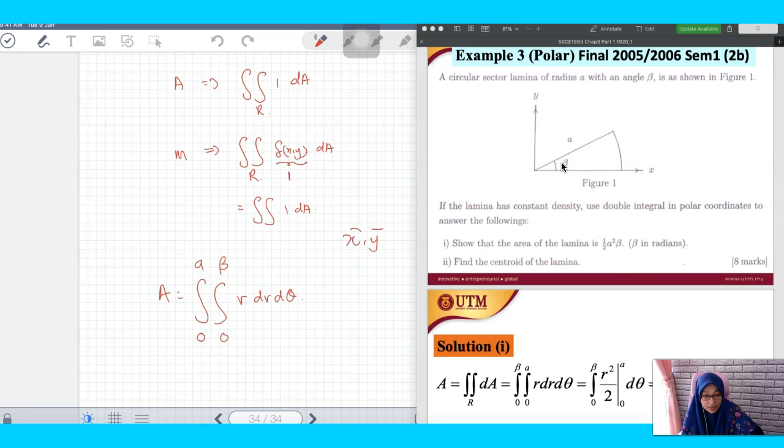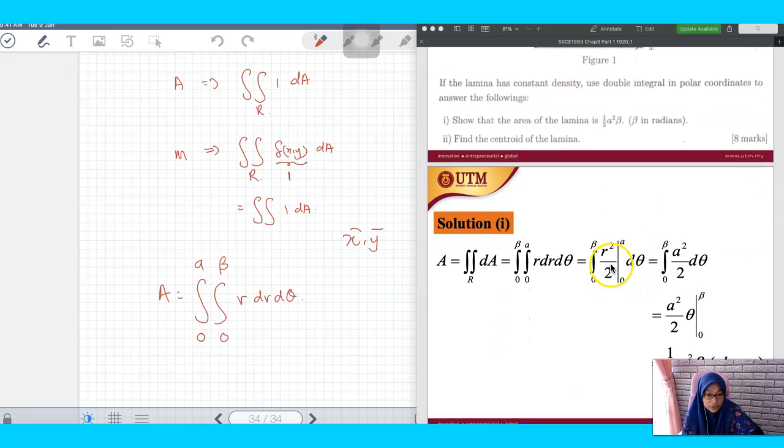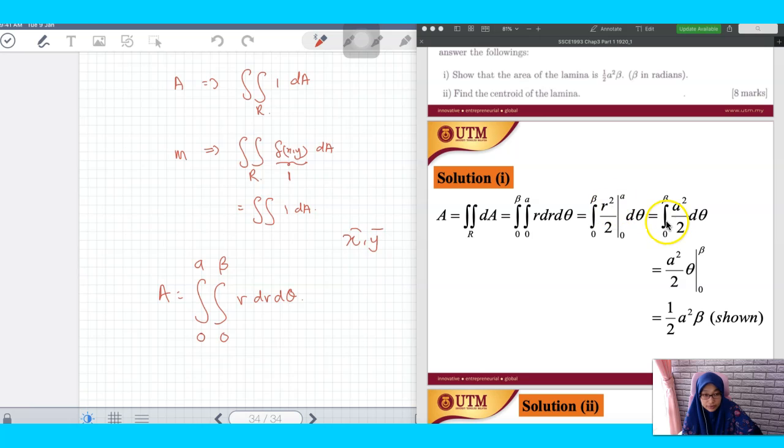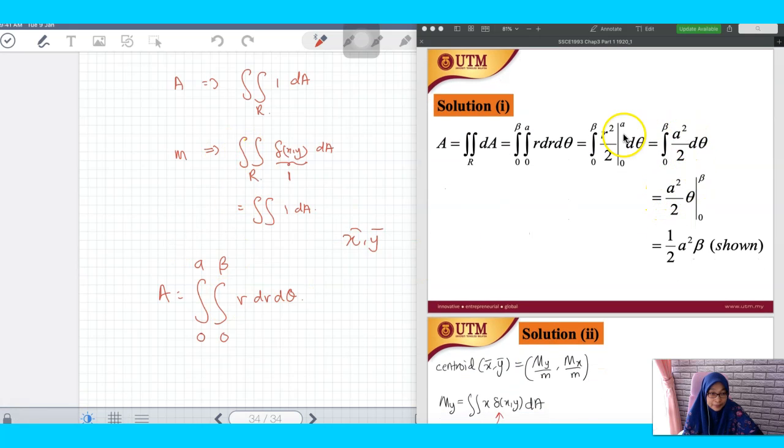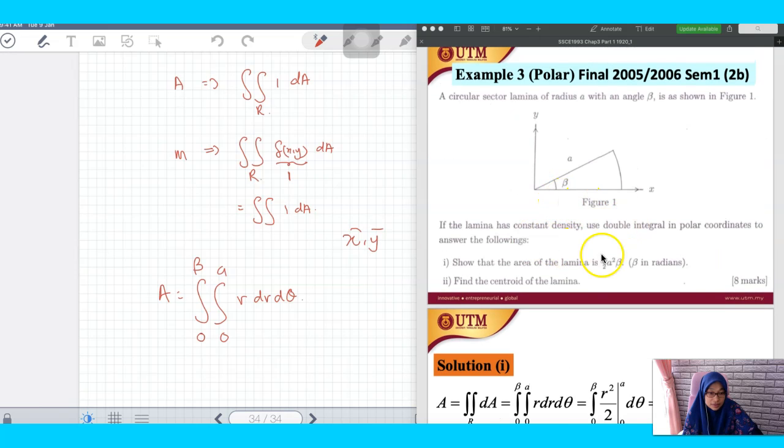When you solve that, since it is given, I don't want to solve it; you can just look at the slide here. So based on this, dr d theta, theta goes to beta and r goes to a. When you integrate, you will get this as stated. So it is shown.